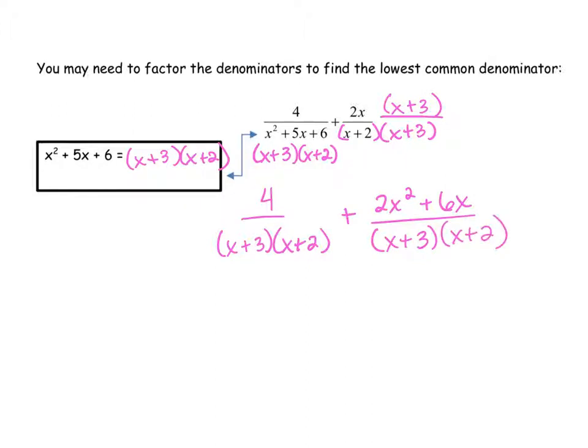Combine those to give me 2x squared plus 6x plus 4 on the top, and x plus 3 times x plus 2 on the bottom.